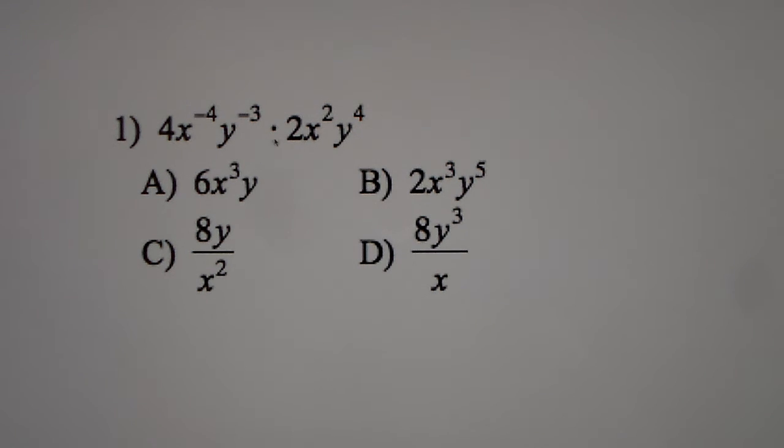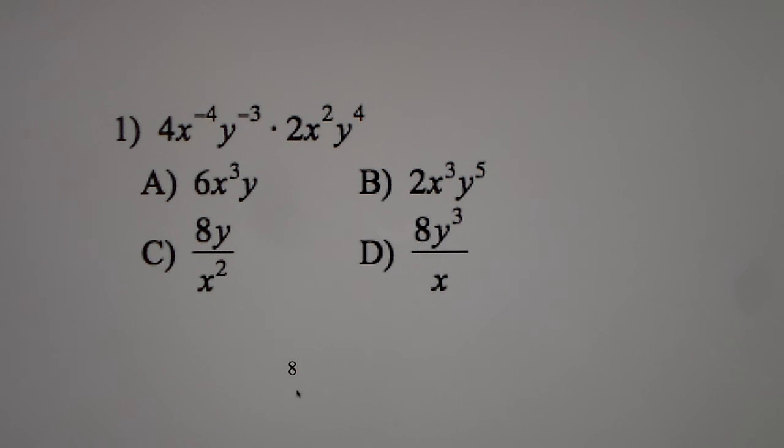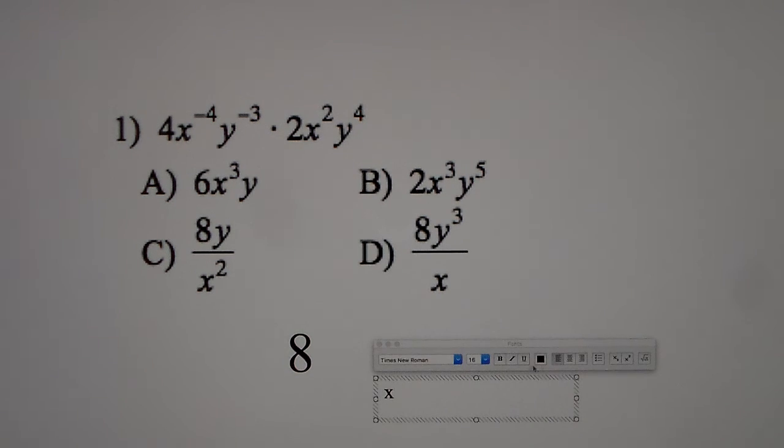Well, numbers we could put together. 4 times 2, you guys know, is 8. So we're going to have 8. Then x to the negative 4 times x to the power of 2. Well, negative 4 plus 2 gets us negative 2. So we have x to the power of negative 2.